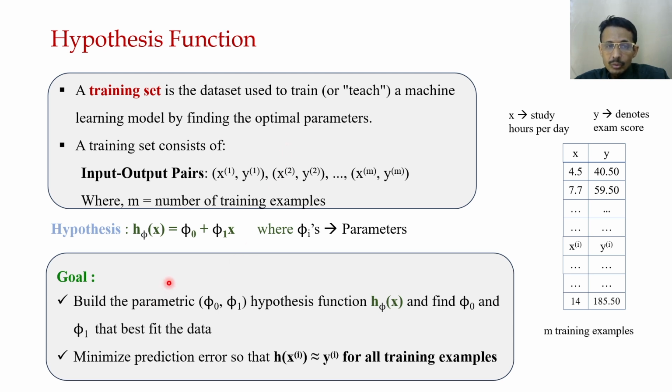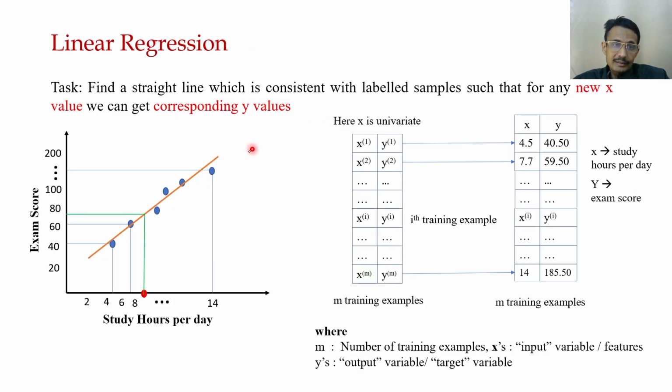Now, what is our goal? Build the parametric hypothesis function h theta of x and find out those theta 0 and theta 1 that best fit the data. And that is very important, that they best fit the data. As we have seen in the last example, given these data points, we have to find a hypothesis function.